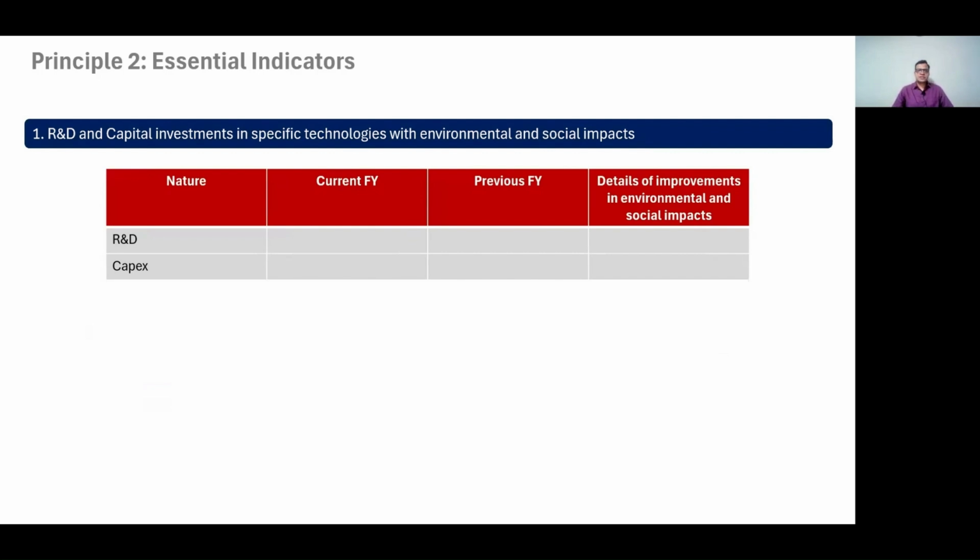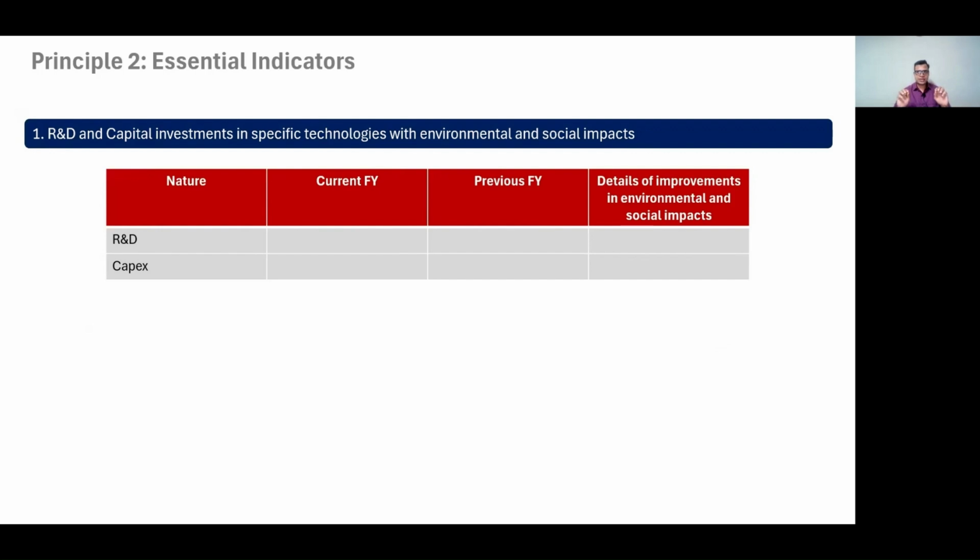The first indicator is the percentage of R&D and capital investment in specific technologies with environmental and social impacts. So every year, every company would be making some expenditure under R&D and capital investment.